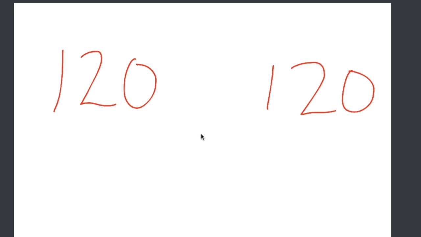We have 120 and 120. All right, here we go. My first number, I underline it. It's in the hundreds place. Oh my gosh, it's the same number. So what do I do? I go to the next number. I go to the tens place.